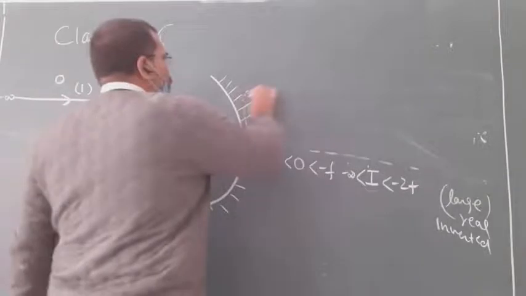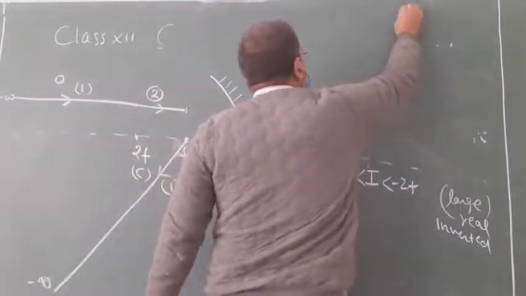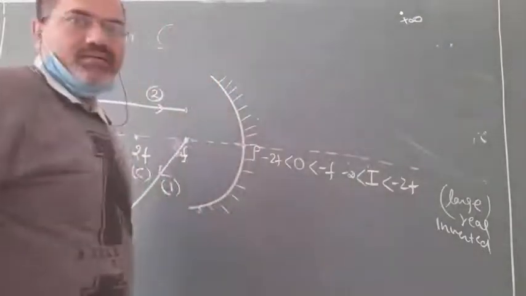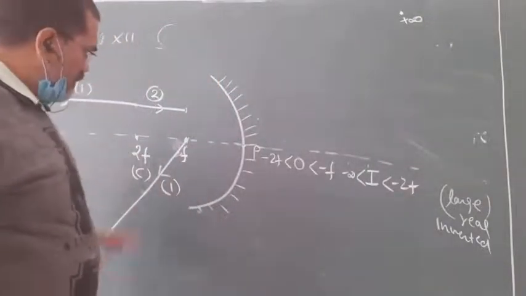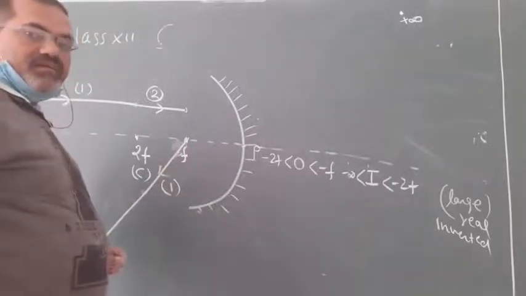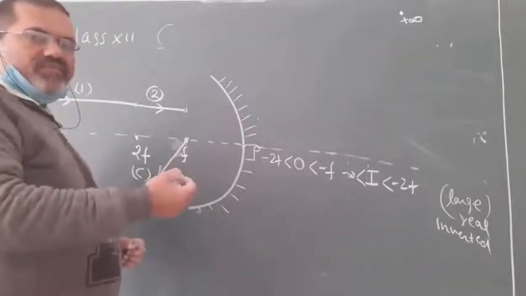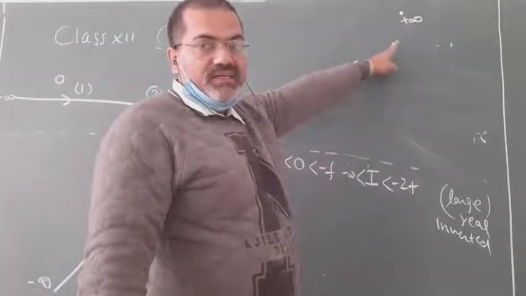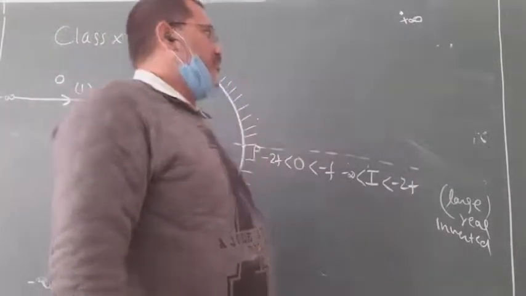Before f, image is at minus infinity, and just after f, image jumps to plus infinity.